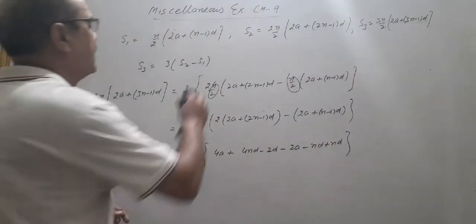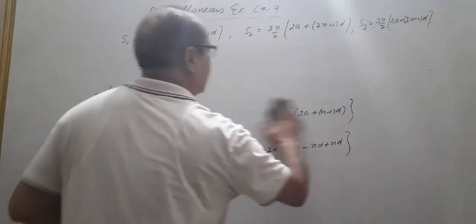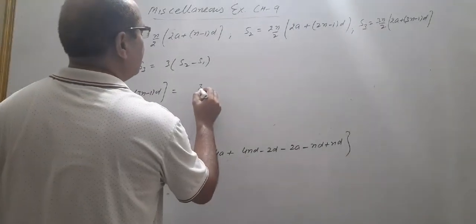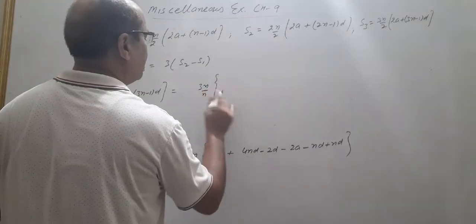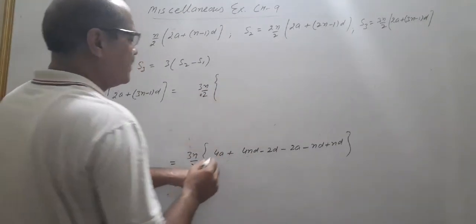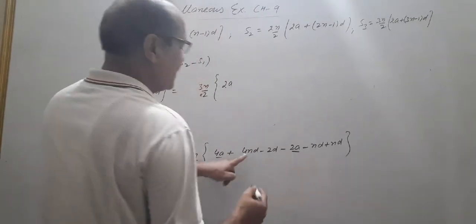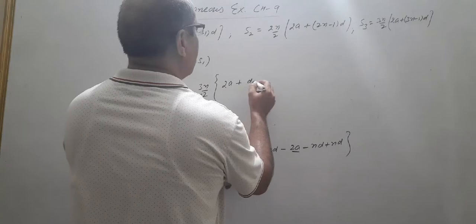After this, 3n by 2 as it is, 4a and 2a, this becomes 2a, this to this, and plus d taken outside common.